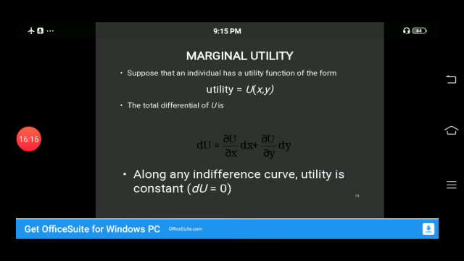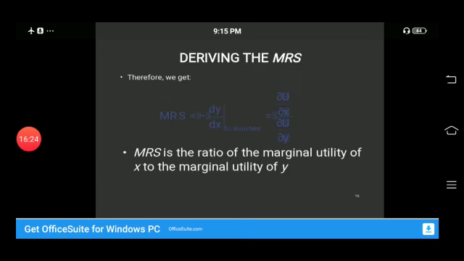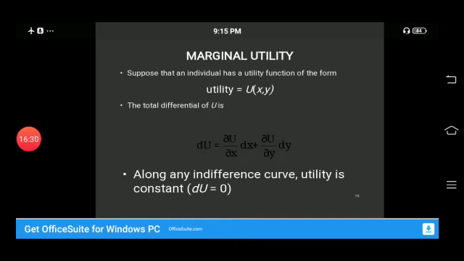Now, the marginal rate of substitution. Suppose this is a derivation of the marginal rate of substitution. The marginal rate of substitution is equal to minus dy by dx. Let's suppose that we have the utility function U = U(x, y). You need to take the total differential.